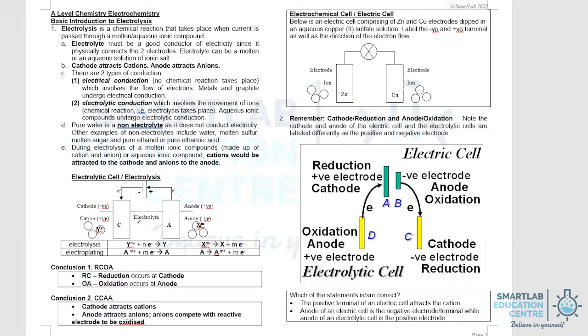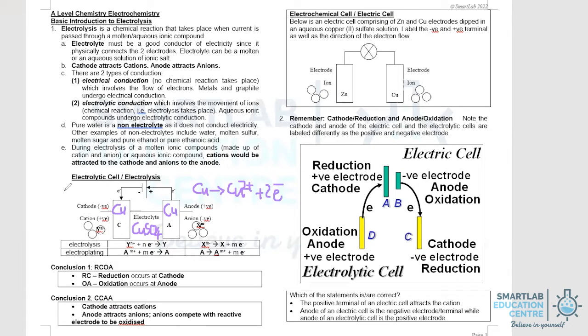And one example to look at would be if we have copper(II) sulfate as the electrolyte, and both the electrodes are copper. If you recap back in O-level, we can conclude that at the anode, the copper would oxidize to give 2 electrons.